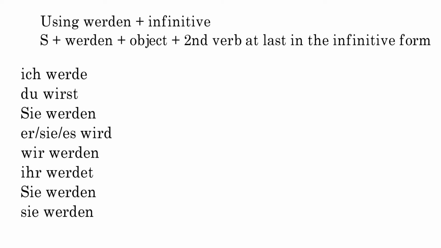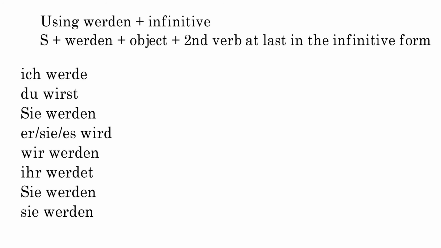Then at the last take the second verb, like gehen, the verb you want to take, at the last, but in the infinitive form. You don't have to conjugate that. This is the rule of werden plus infinitive. Okay, remember: subject plus conjugated werden plus object plus second verb at the last in the infinitive form.